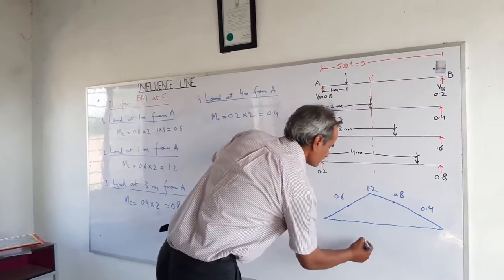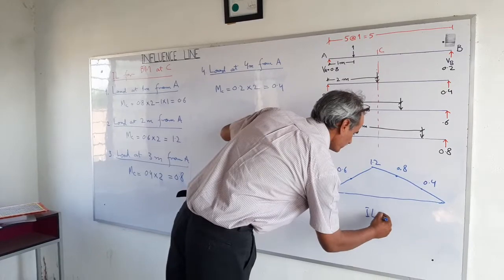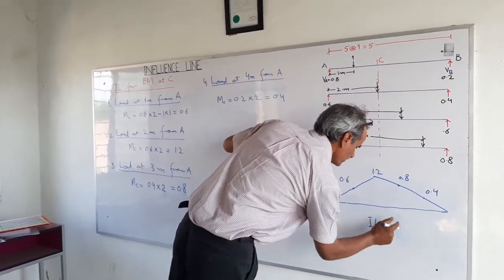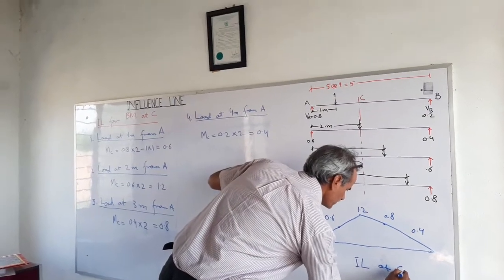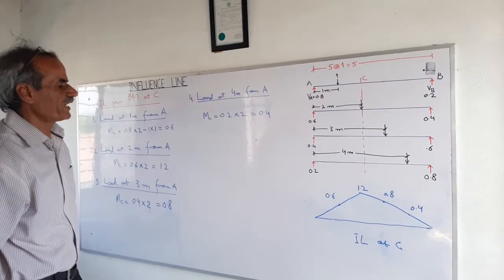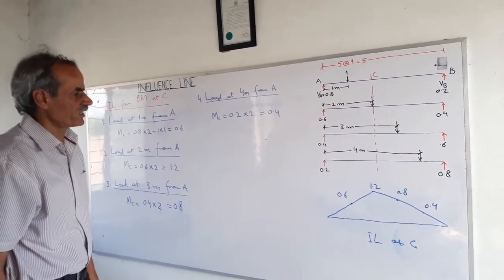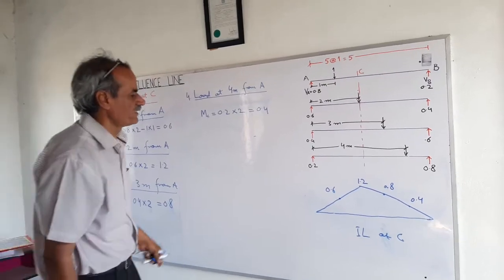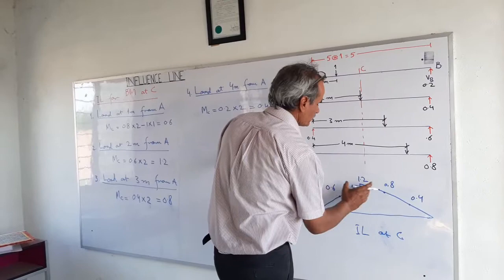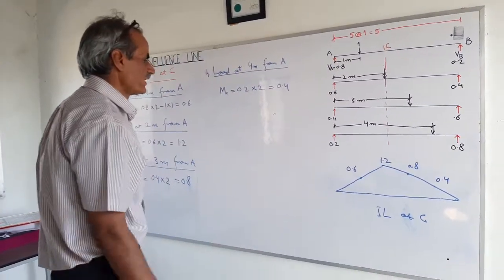Hence, for simplicity, we can take influence line at section at C. If we divide all these values with 1.2 for our simplicity, so that we get the maximum ordinate equal to 1, we divide all these values with 1.2. So what do we get?